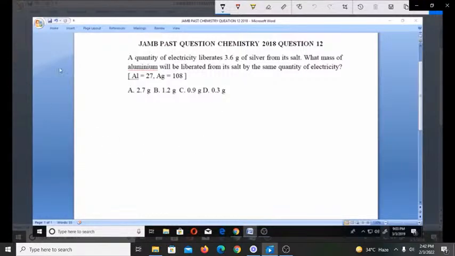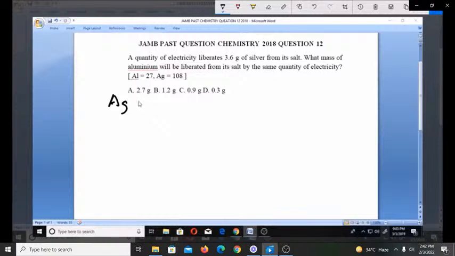Now, whenever you want to solve the problem of electricity and the deposition of metals, first of all, you need to know the number of valence electrons, or the number of electrons needed for such action to occur. So let's say for silver, what do we have for silver?